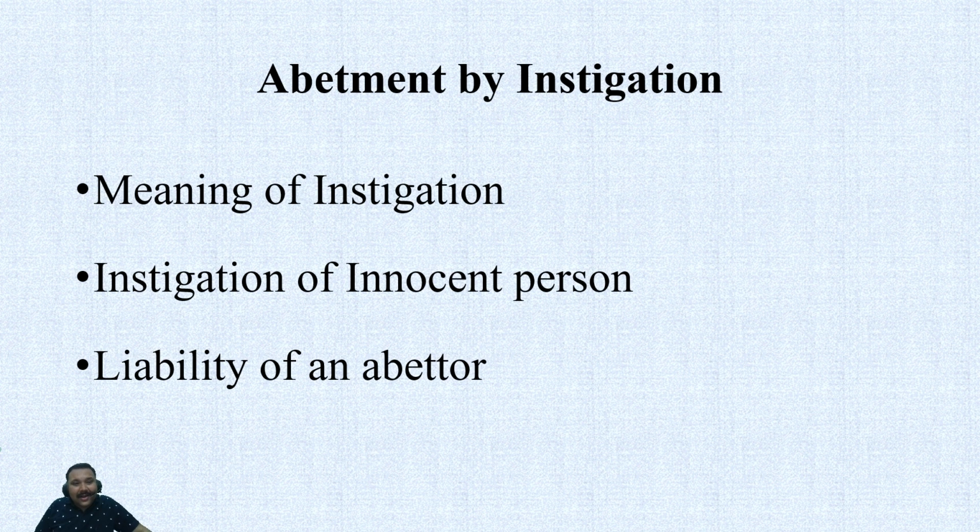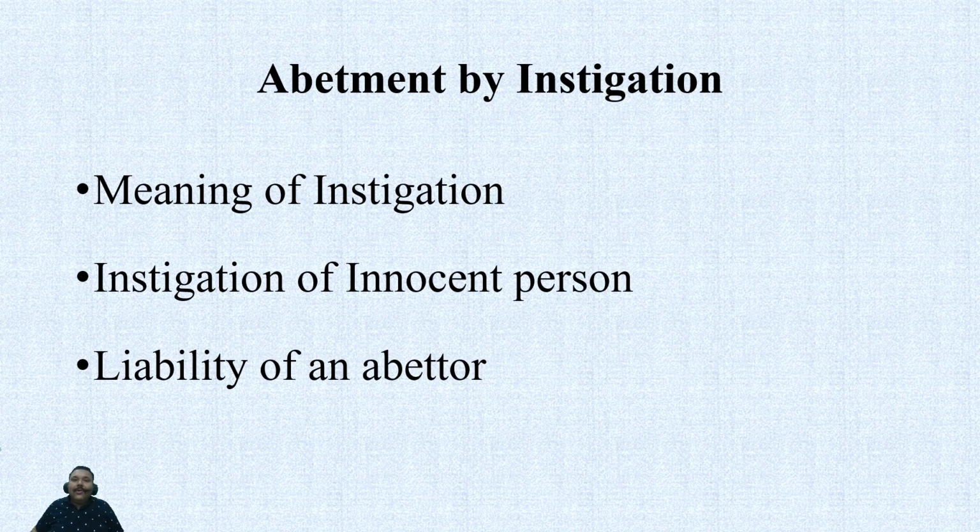Okay, so that is the liability of an abettor. The liability of an abettor is generally, if the offense is committed, the same as the principal offender. If I have asked someone to do a supari killing, that person goes and actually commits the killing, I will be held liable, just like the person whom I have abetted. Secondly, if the offense is not actually committed and no harm is caused, my liability will be lesser.